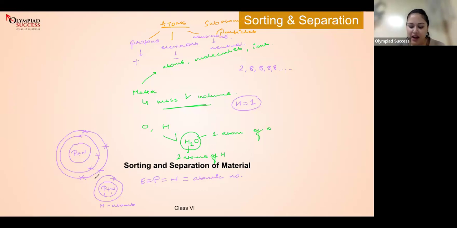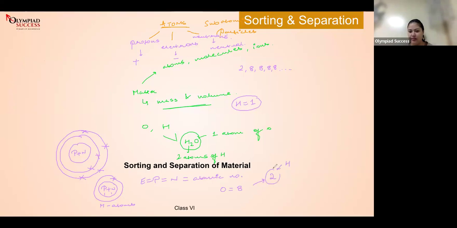Now, when they give electrons to each other or when they're sharing electrons, only electrons can move, because protons and neutrons are present inside the nucleus. They cannot come out. So let's say oxygen has 8 electrons and it takes 2 electrons from hydrogen in case of water.